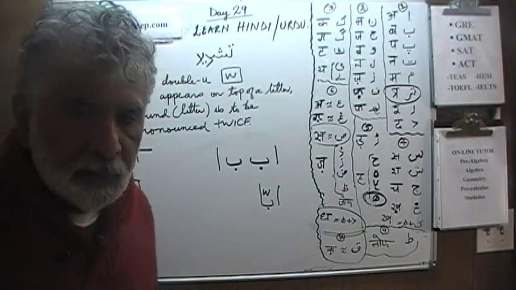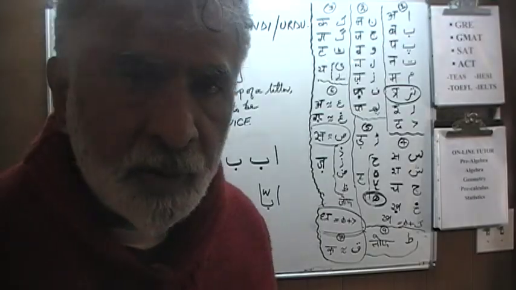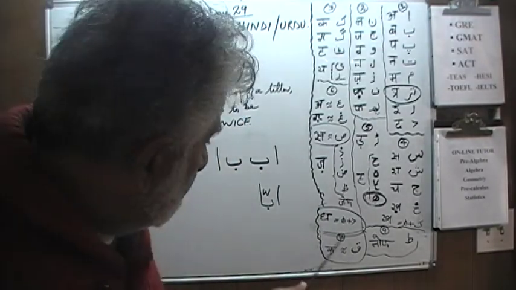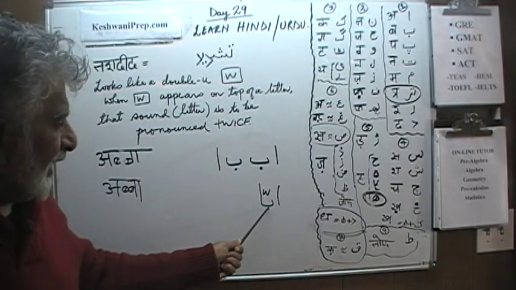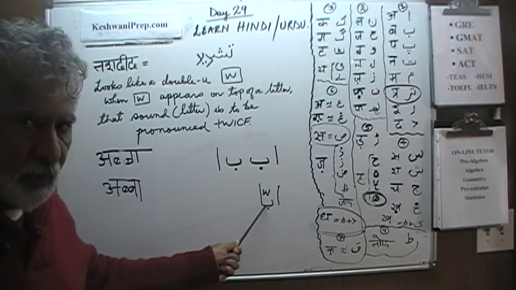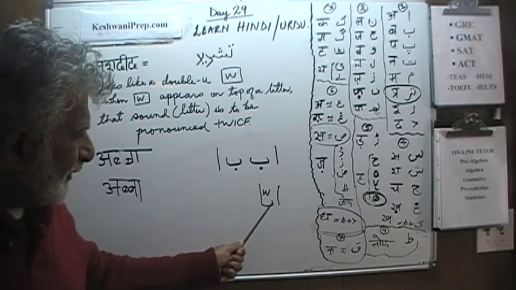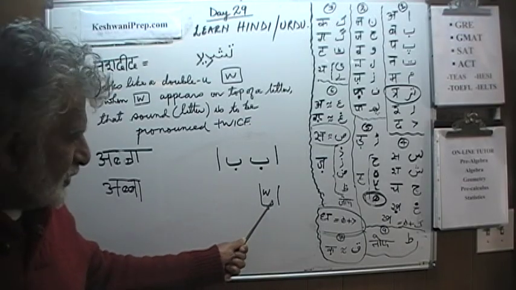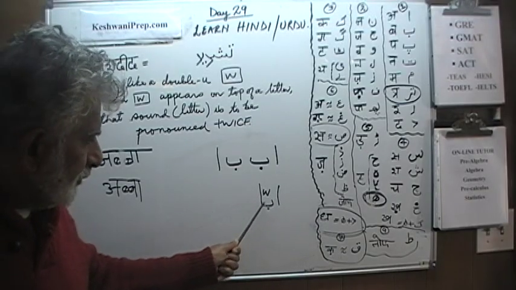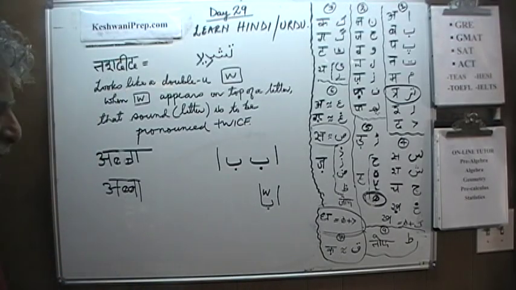The Urdu reader would know that the Tashdeed tells us that this letter is to be pronounced twice. The first time, the sound is joined with the letter preceding it. So it's Abba, just like here. Let's do one more.